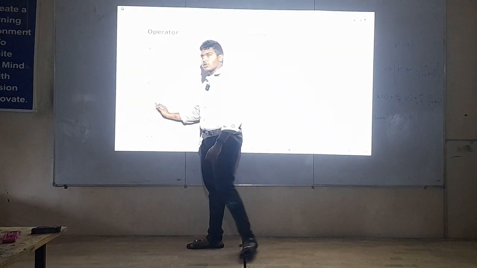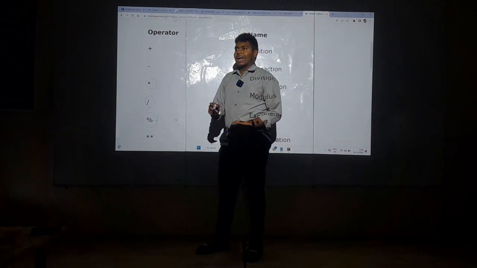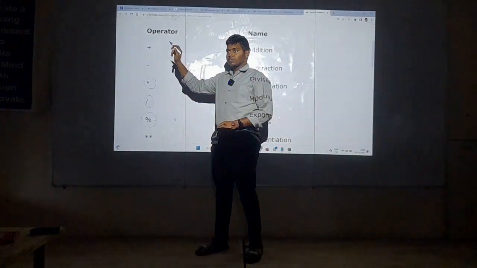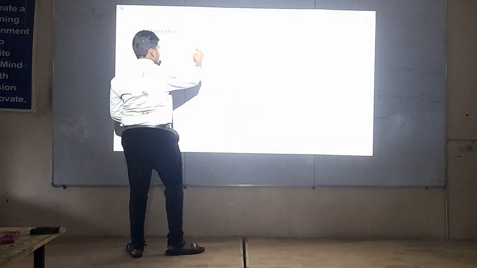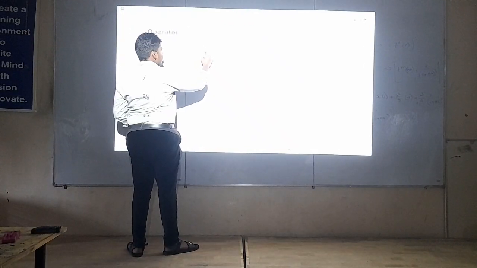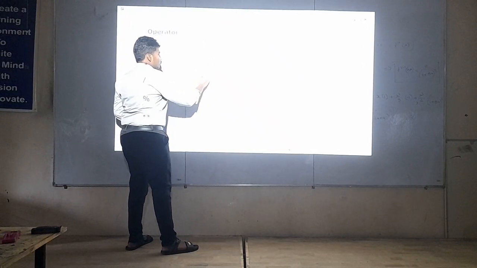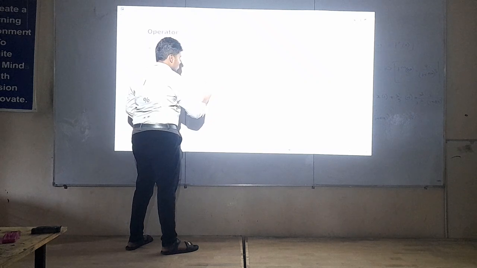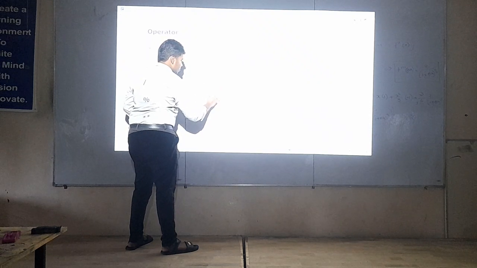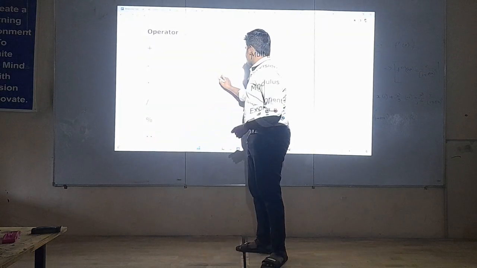When we do a division of something, it will return the quotient value. If I just give something like this, it will return 2, since 2 twos are 4 and 0 is the remainder. This is known as the quotient value.